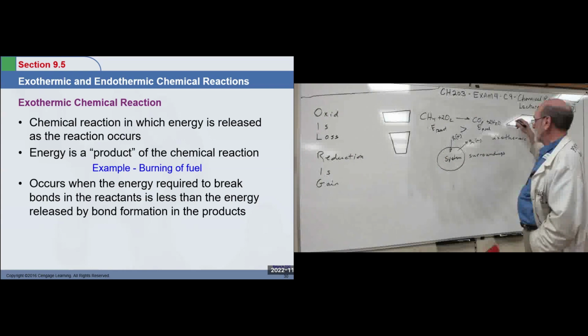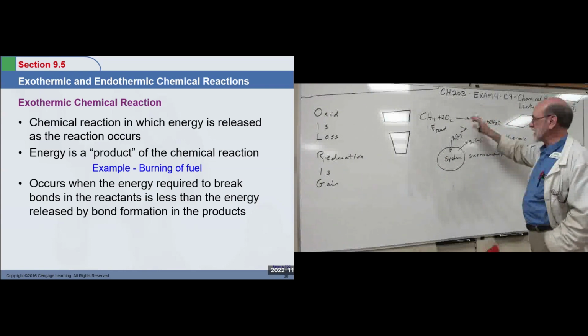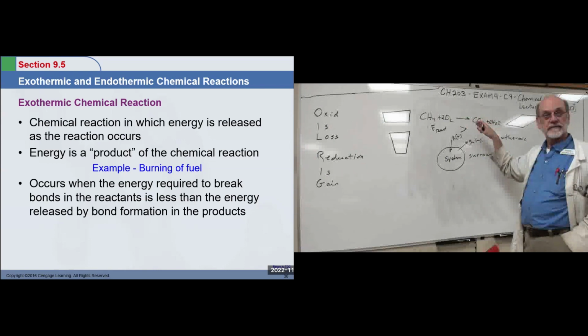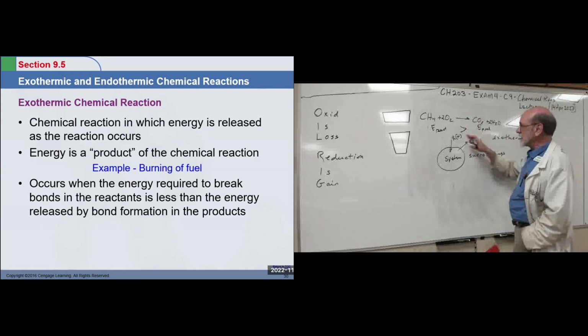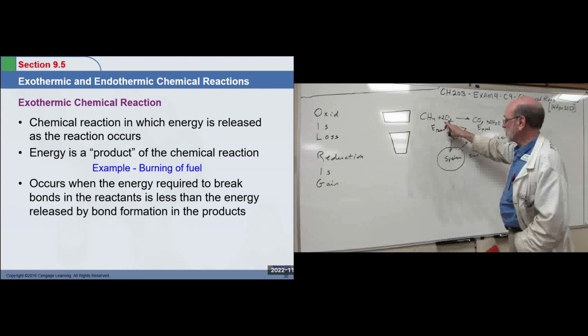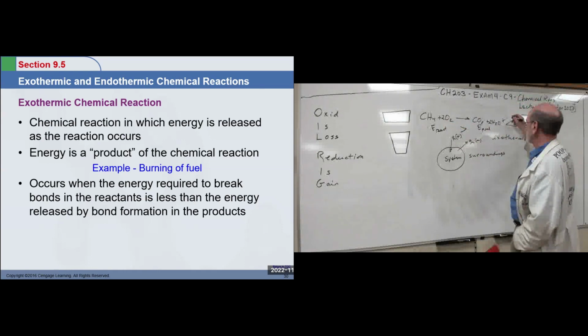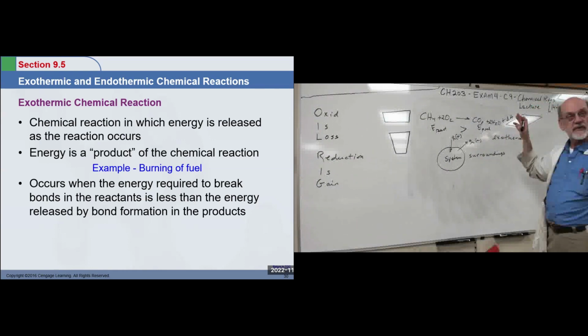But sometimes it's informative to say, all right, let's account for the heat as a reactant or product. So if it gives off heat, that means the energy is higher over here than it is over here, so we need to add in the amount of heat that's produced.